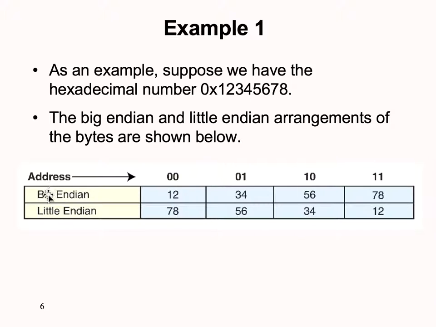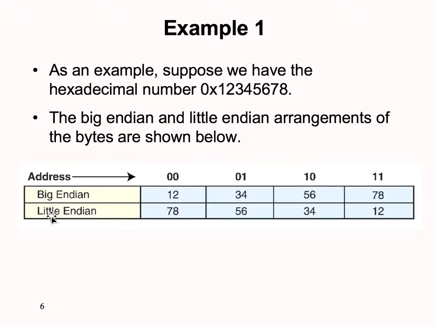With the big endian representation, we see that the most significant byte, 1, 2, is represented at address 0, the lower address. The next most significant byte, 3, 4, is represented at the next address, 01, and so on.